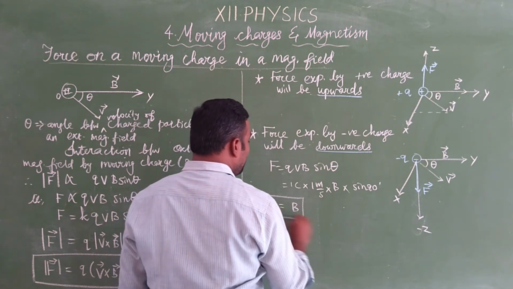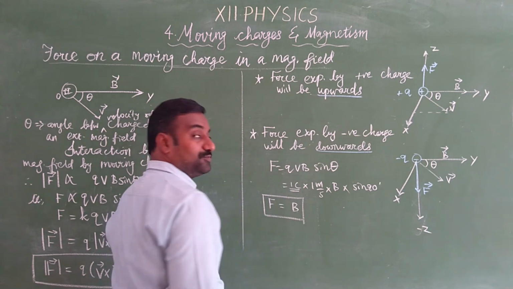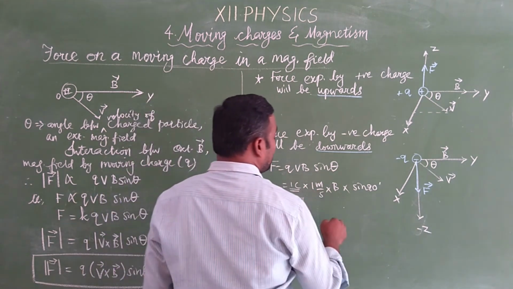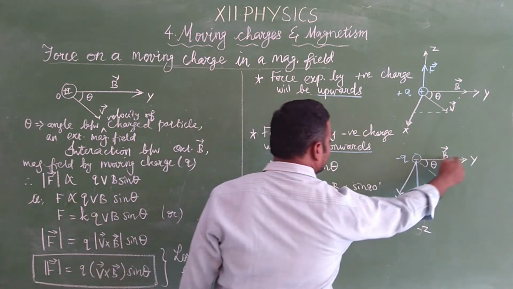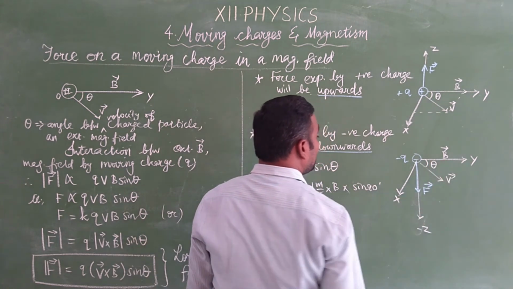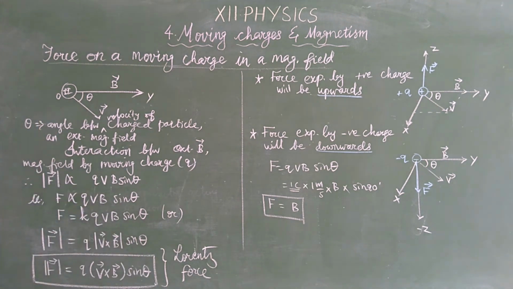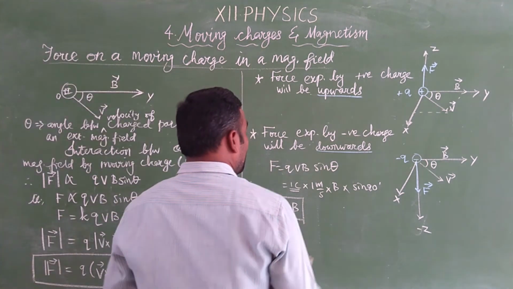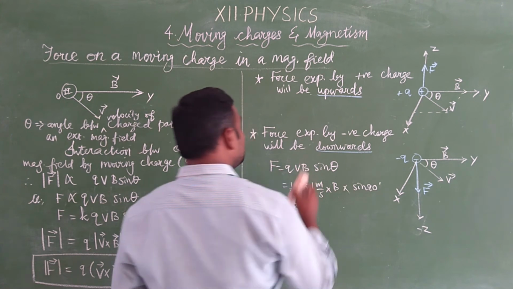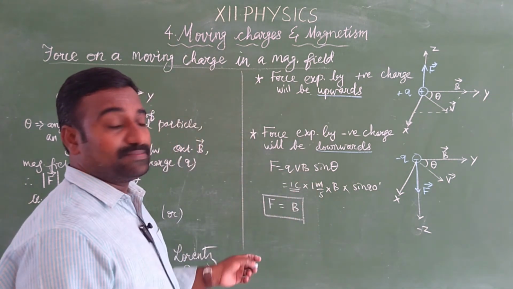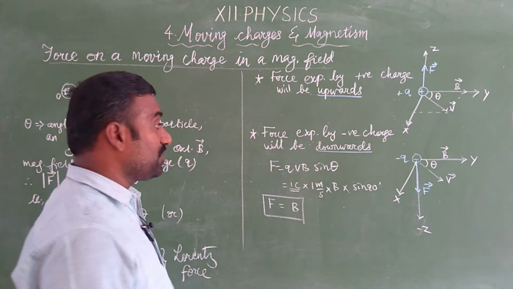So F is equal to B if the charge is 1 coulomb, the velocity is 1 meter per second, and the angle is 90 degrees. Now in which case the force is 0, maximum, or minimum, we are going to see.